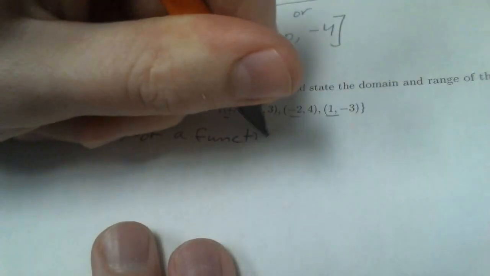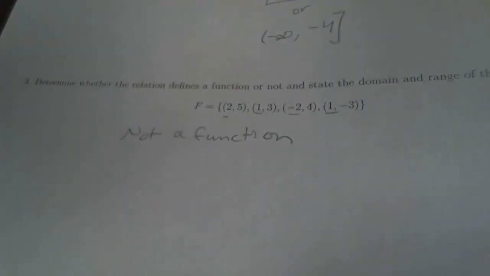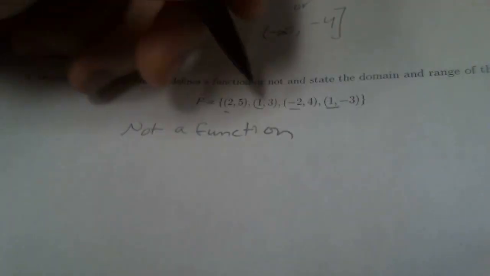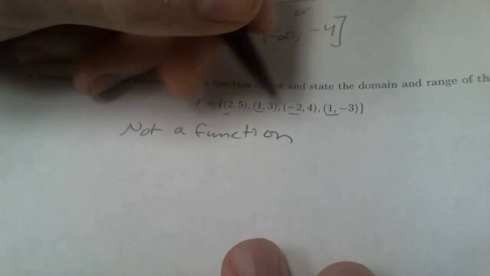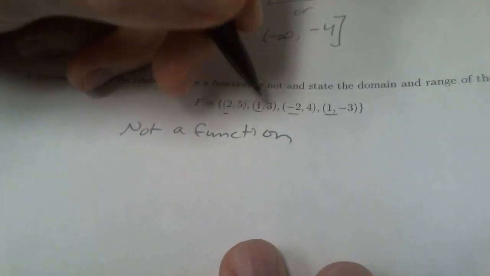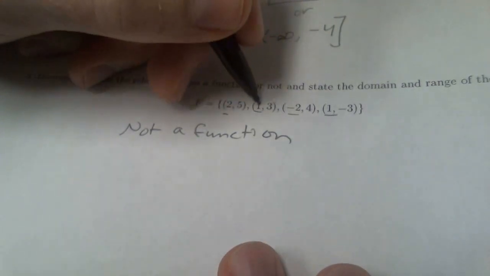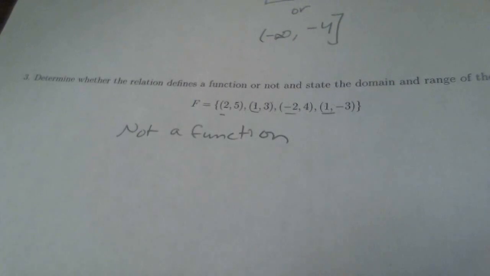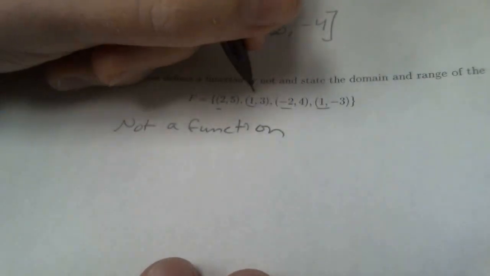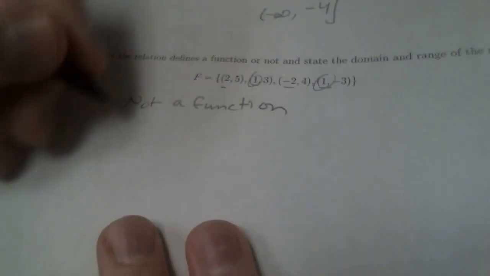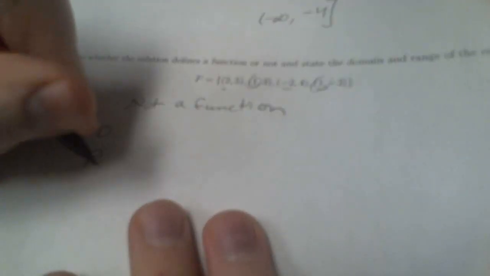If every single one of your values in your first component was unique, for example, if this was a negative 1, 3, it would be a function, because every single value in the first component would have been unique. But in this case, since we have a repeated value of 1, it's not a function.